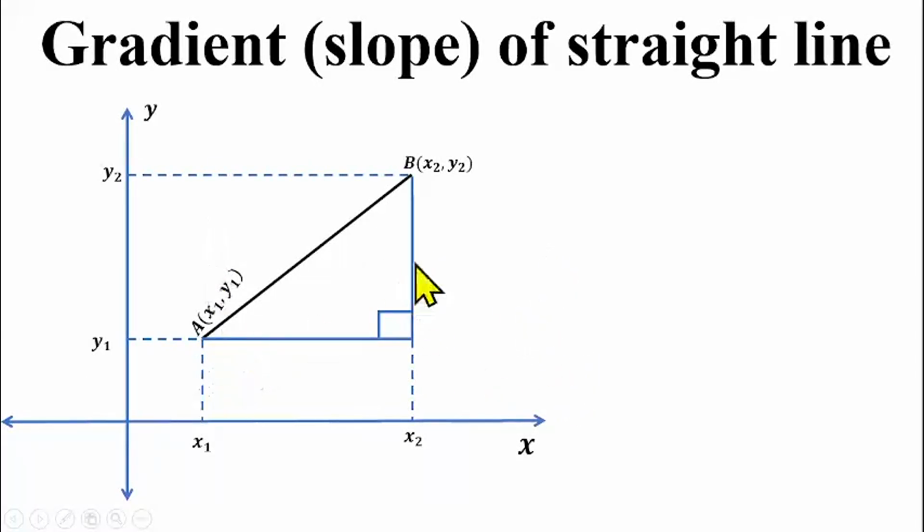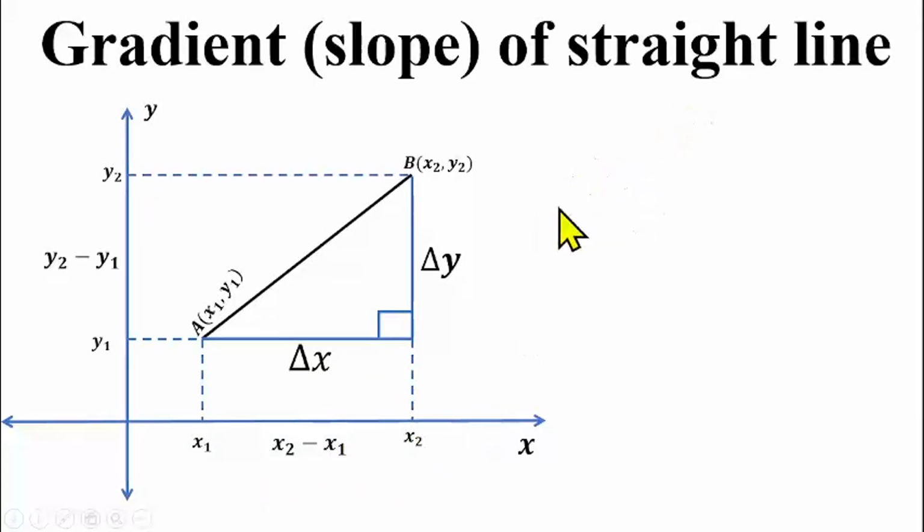So you have the change in y here, which is the same thing as y2 minus y1, because the distance from this line to this line is this minus this. Assuming y2 is 10 and this one is 5, to get the distance from here to here, that will be 10 minus 5. So the change in y is y2 minus y1. Likewise, our change in x is going to be x2 minus x1 as well.